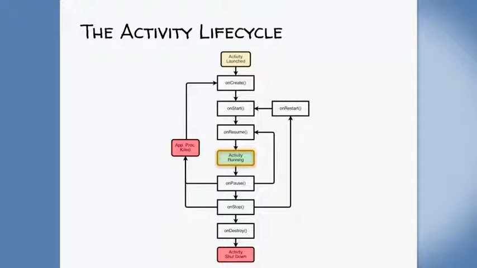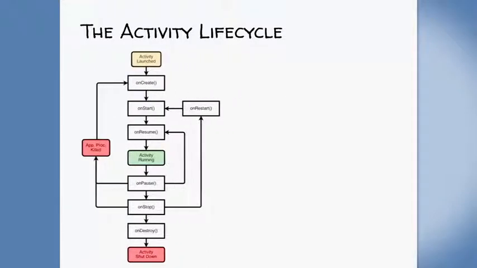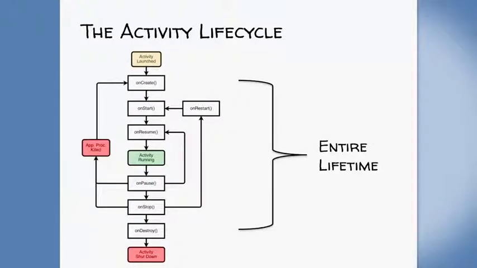After a minute or so, our example activity will begin to shut down. At this point, Android will call that activity's onPause method. Then onStop. And then finally onDestroy. And at this point, the activity is completely dead. So, as you can see, the entire lifetime of the activity runs from the start of onCreate to the end of onDestroy.